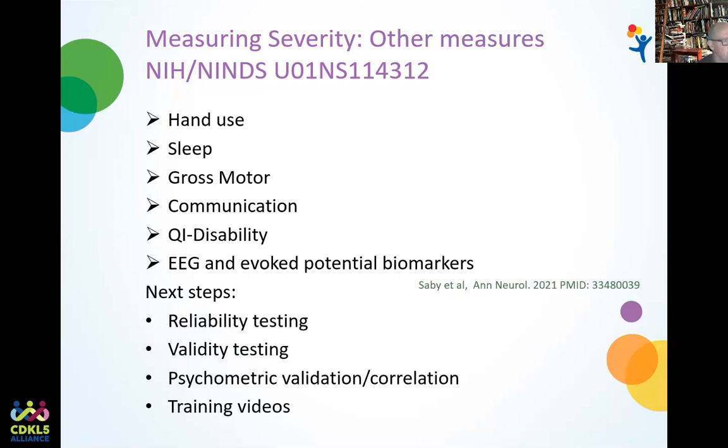Other measures as part of our NIH-funded effort include measures of hand use, sleep, gross motor, communication, disability, and we're also evaluating biomarkers through EEG and evoked potentials. Our next steps with each of these are reliability testing, validity testing, psychometric validations and correlations, and we're also doing training videos with all of these items as well.